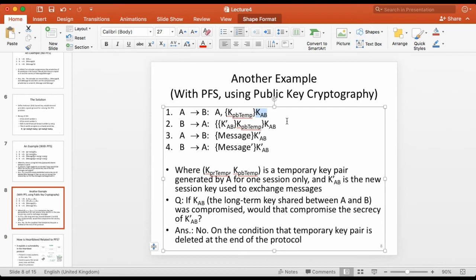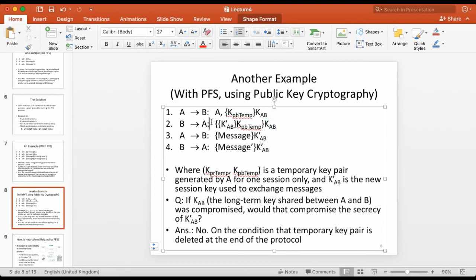Now, when Bob receives this message, he can decrypt it, no problem, because he's got access to KAB. He can then release this temporary public key and use it himself to encrypt a new session key called K prime AB, and then encrypt the whole thing again with the same key KAB that he currently shares with Alice, and sends the whole thing to Alice.